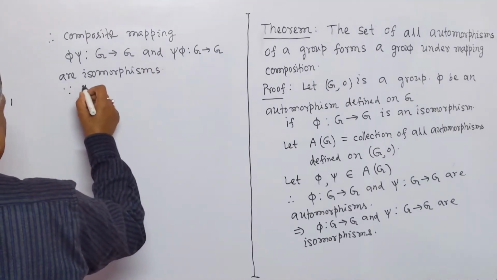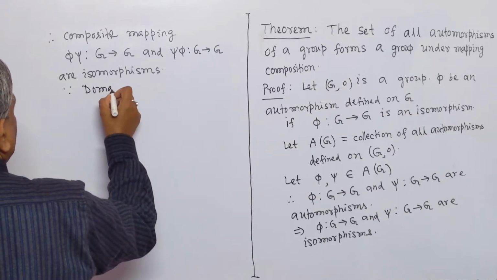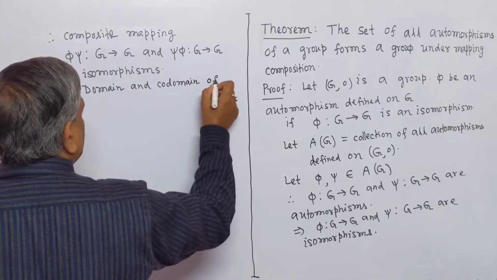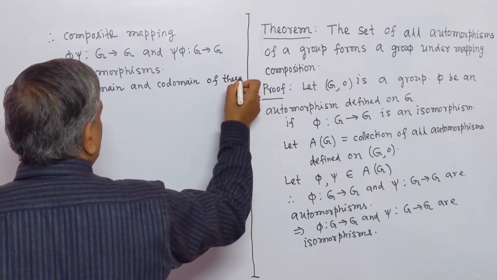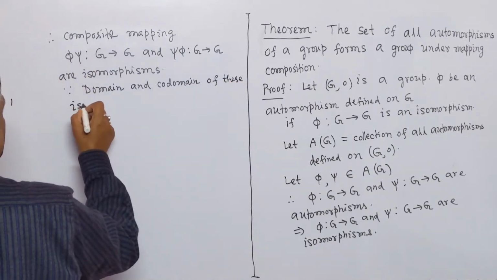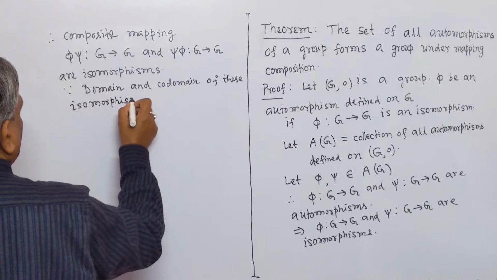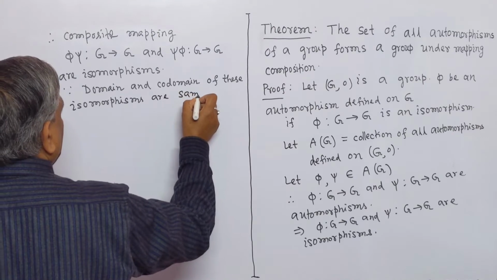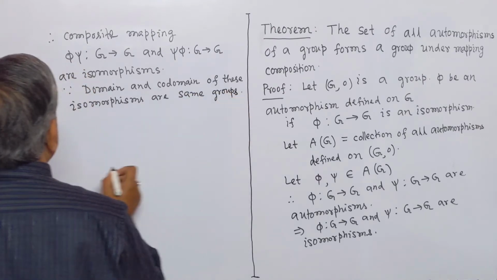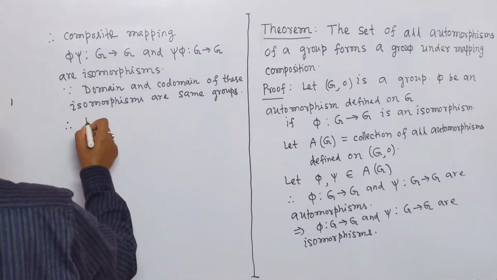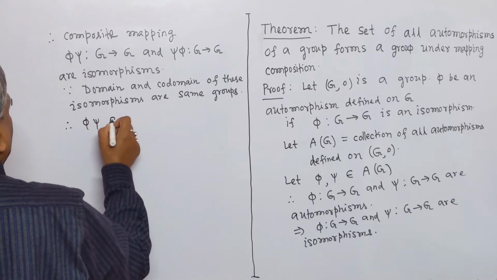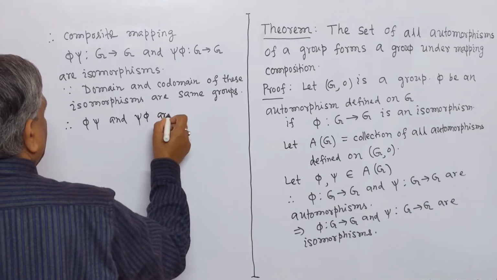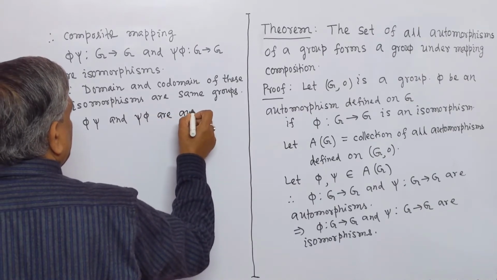Since domain and codomain of these isomorphisms are the same group, phi psi and psi phi are automorphisms.